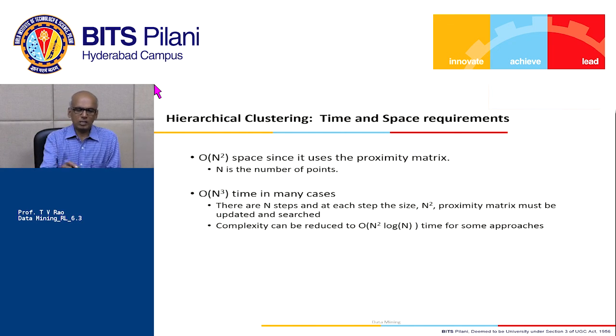With respect to space, if we depend only on the proximity matrix, n square is sufficient. But with respect to time, depending on the number of iterations, if the order of iterations is n, then we are likely to get n cube. But if we use some optimization and ensure that we don't need to do n iterations before we arrive at our clustering, we may be able to get n square log n.